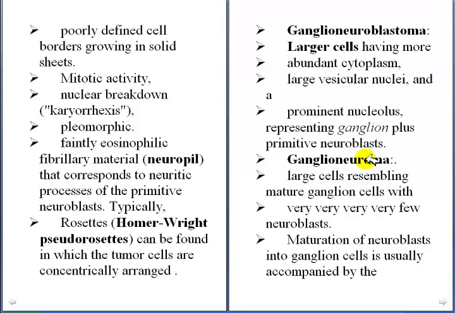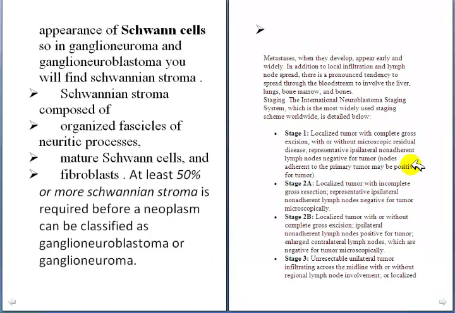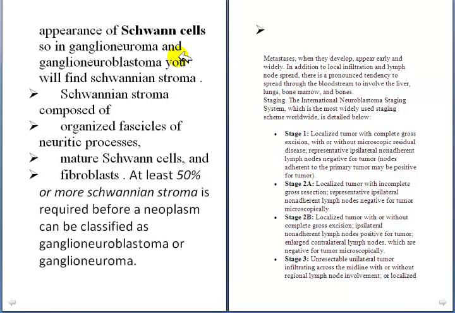Okay. Actually, very important is that the maturation of neuroblasts into ganglion cells is accompanied by the appearance of Schwann cells. So in ganglioneuroma and ganglioneuroblastoma, you will find Schwannian stroma. Okay, and this is a very important diagnostic histopathological feature that you would see.